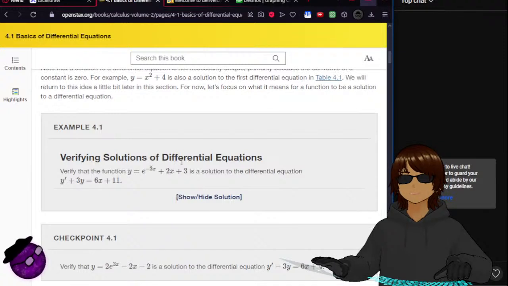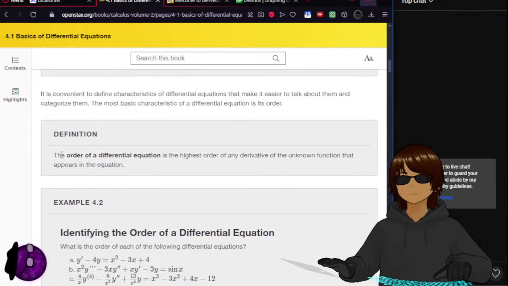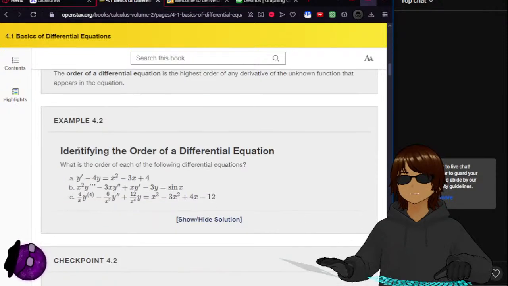Okay, verifying solutions of differential equations. Verify that the function y is equal to, well, this function is a solution to the differential equation. Okay, never mind that. The order of a differential equation is the highest order of any derivative of the unknown function that appears in the equation.